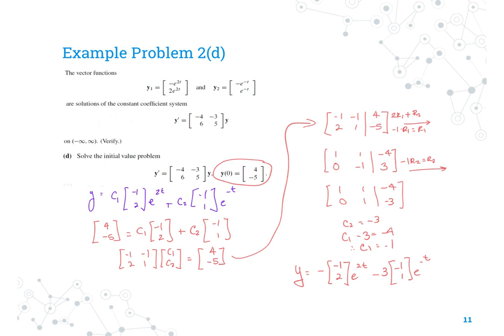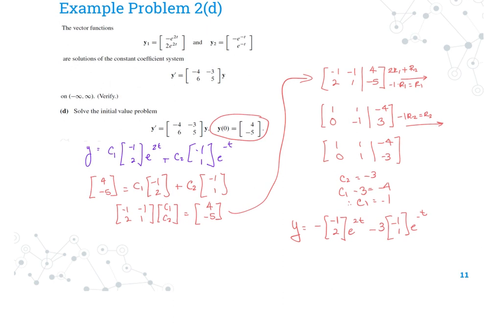We could leave it that way, or if we wanted to move the negative 1 in, we could make it 1, negative 2 e to the 2t, minus 3 times negative 1, 1 e to the negative t. There are a lot of different versions of this. This is one form of the solution, so we know we're good here.